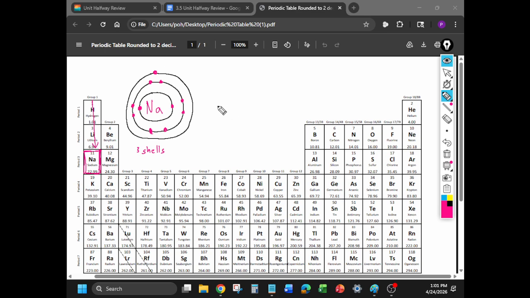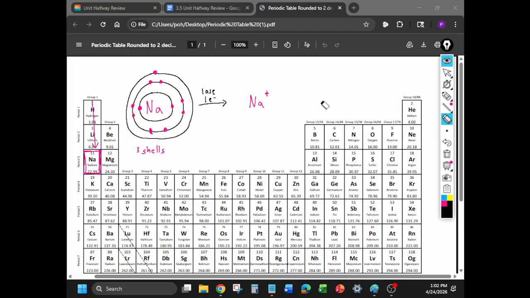So we said that sodium's most common ion is Na+. For this plus, does it mean you gain or lose an electron? Yeah, you lose an electron. So just keep that in mind. When it goes from sodium to sodium plus, you are going to lose 1 electron. If we take a look at Na right here, you see how there's 1 electron in the outside shell.